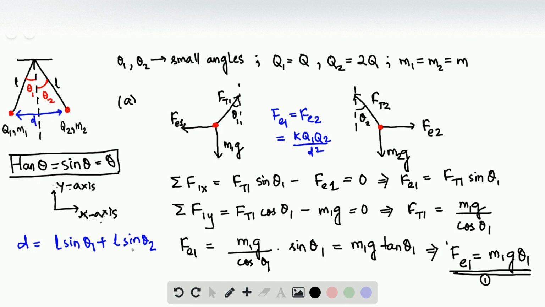And since sine theta 1 is equal to theta 1 by small angle condition and sine theta 2 is theta 2, we can say this is equal to theta 1 plus theta 2.